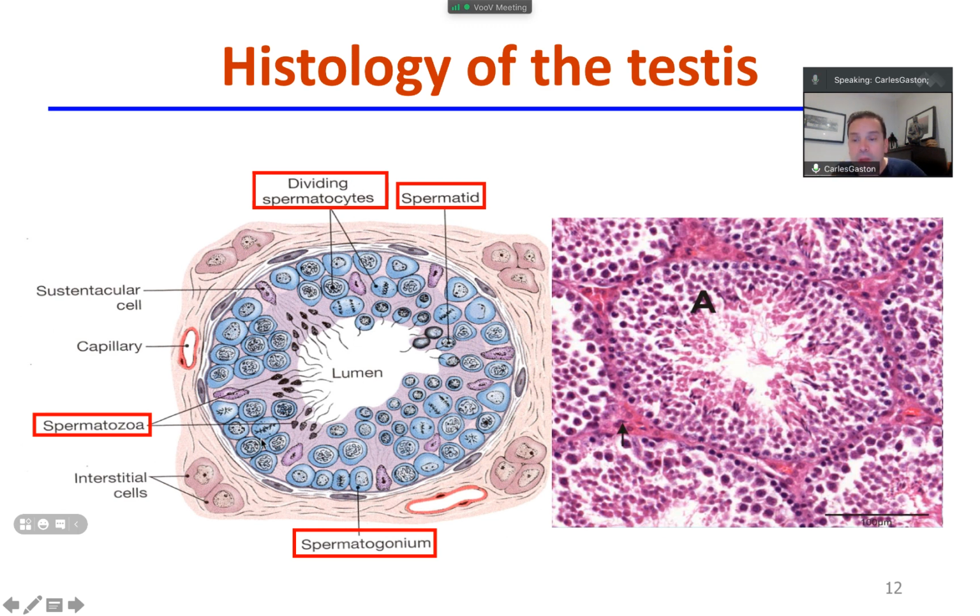So again, there are the interstitial cells, capillaries, and then we have the spermatozoa and the dividing spermatocytes. And you can see here very clearly this structure and the spermatids and spermatozoa in the middle, right, with its tails, ready to be released because they are mature.